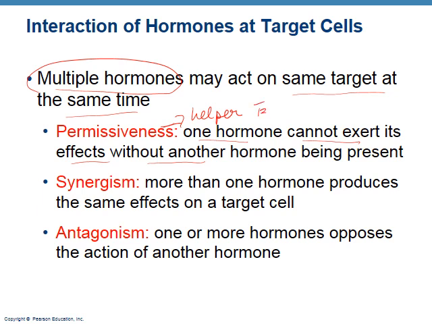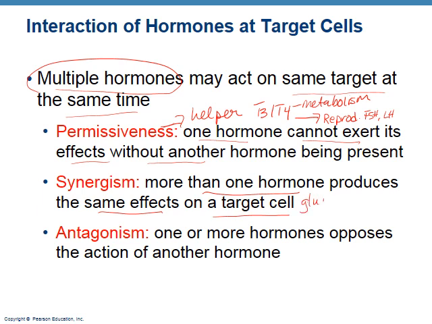So an example, T3 and T4, those thyroid hormones, those ones that have to do with metabolism, those are necessary for the reproduction hormones to function quickly. So when we talk about FSH and LH, they need each other. That's permissiveness.